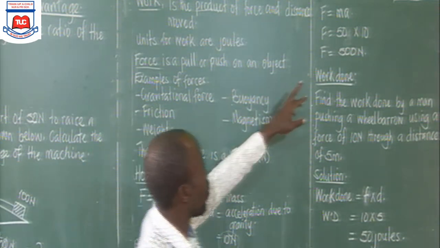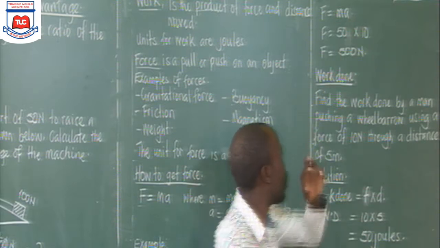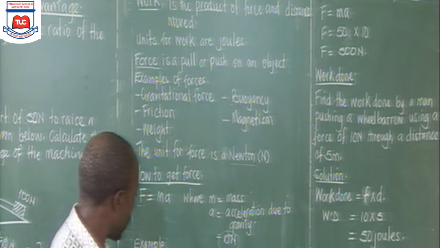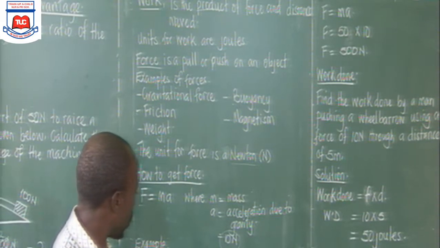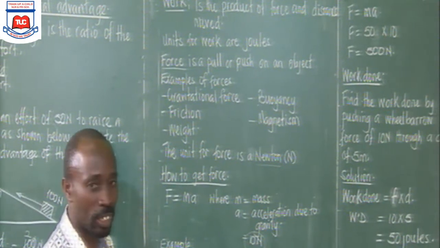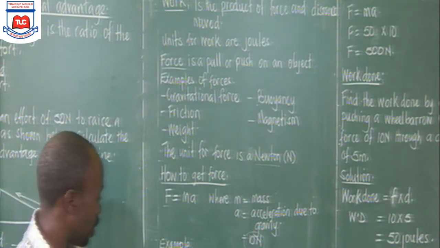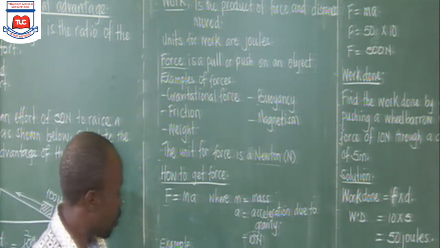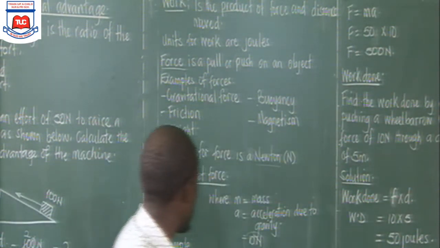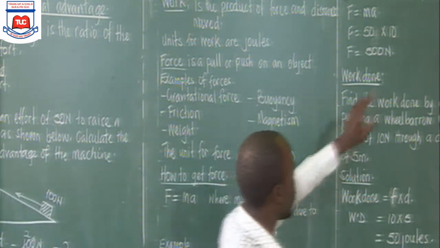Okay? Now, let's substitute for mass and substitute for acceleration. We have been given our mass here as 50 grams. We have been given a distance, but we don't need this distance at the moment. It will come in where we are going to calculate work done. So, 50 grams, we shall write it there, and also multiply it with the acceleration due to gravity, which is a constant, that is 10.